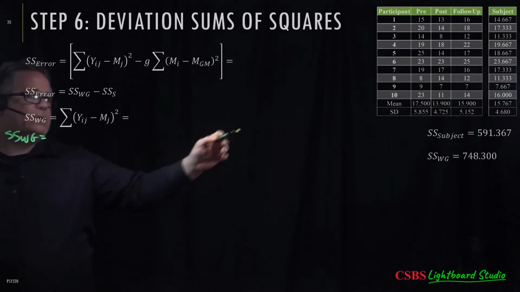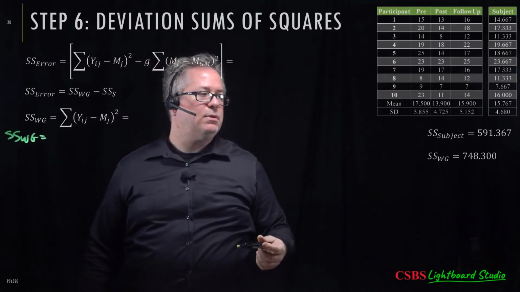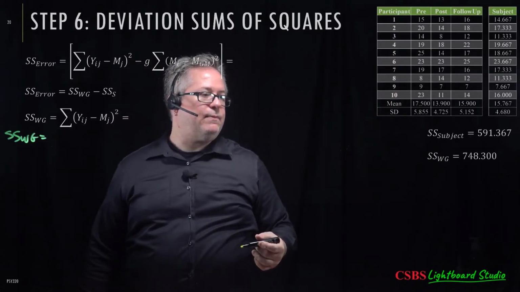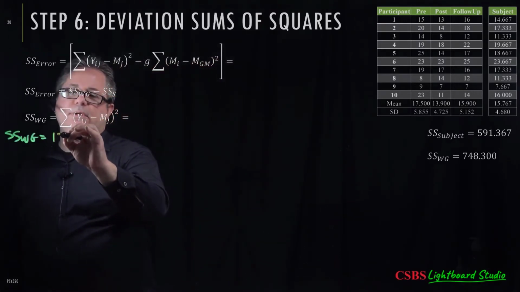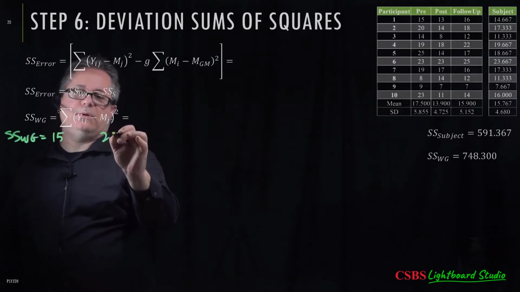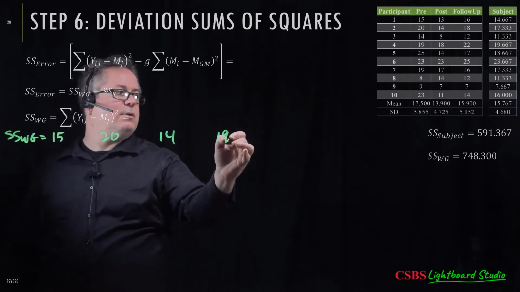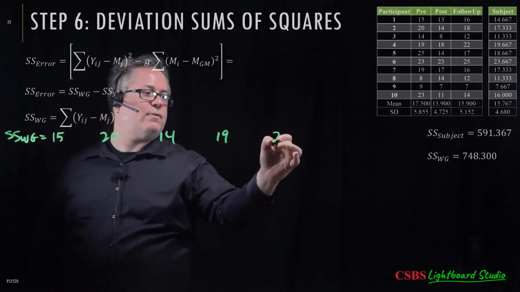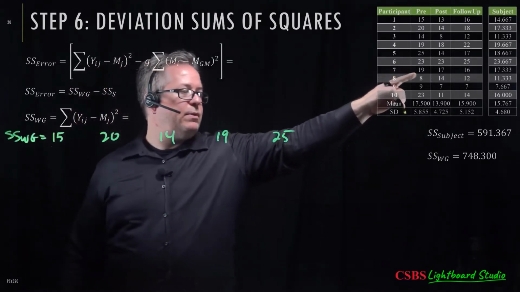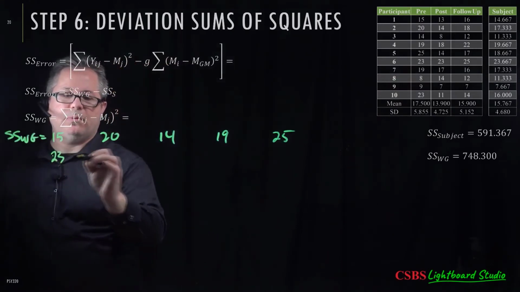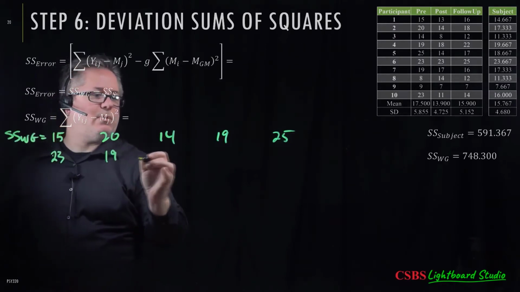each individual score, 15 all the way through there. All right, so I'll do this in groups of 5. So 15, 20, 14, 19, 15, 20, 14, 19, 18, 25. And then starting here, 23, 19, 19, 19, 8, 9, 23.